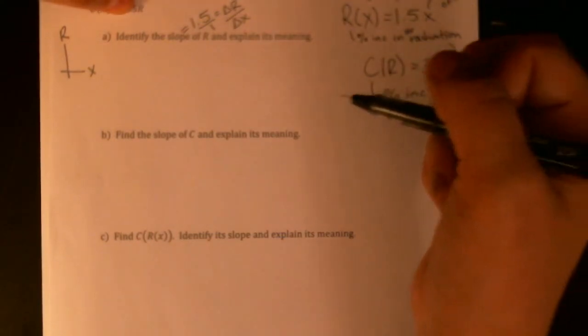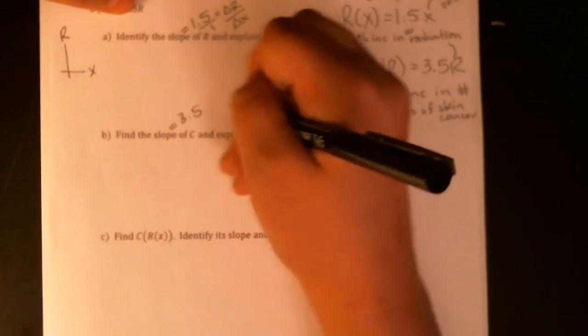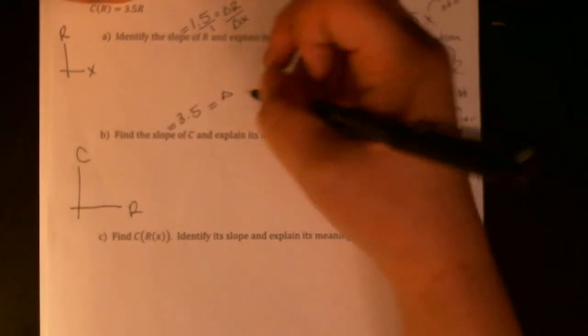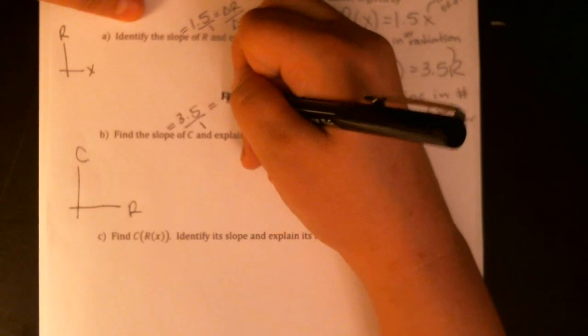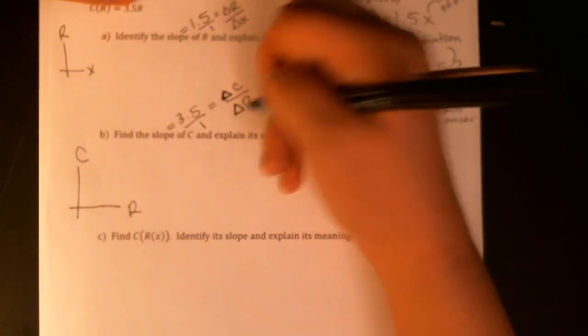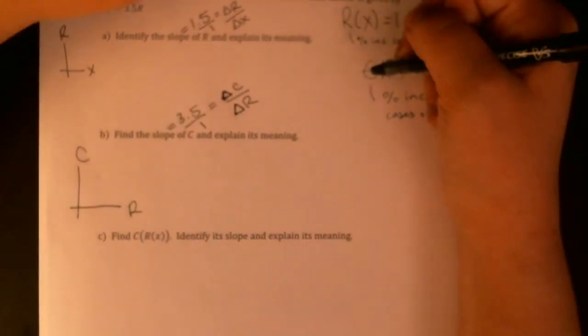So in this case, when we look at the slope, it's 3.5, and that's going to be R versus C. That's what we're looking at, inputting R's and outputting C's. So change in C over change in R. These guys are deltas, if anybody hasn't seen those before, little triangles. We use those to represent change fairly regularly in math.